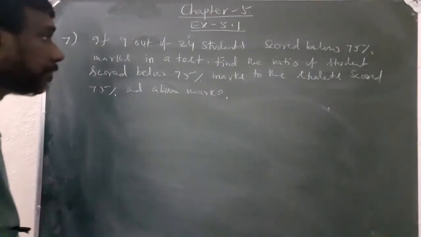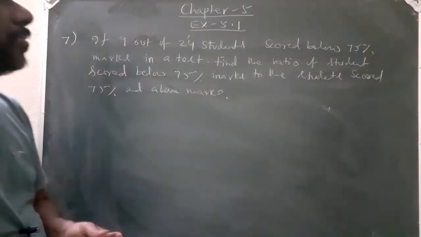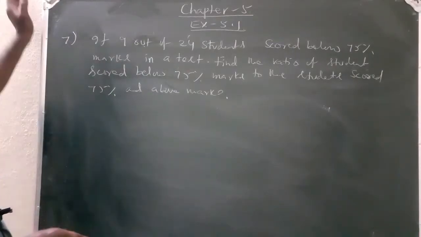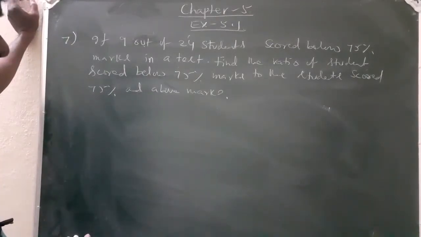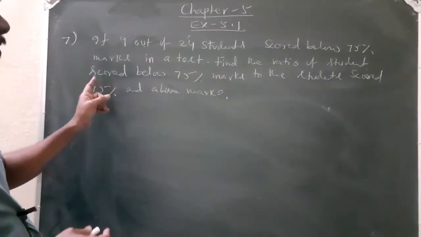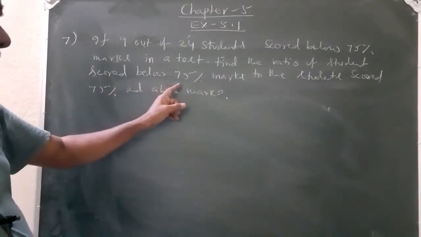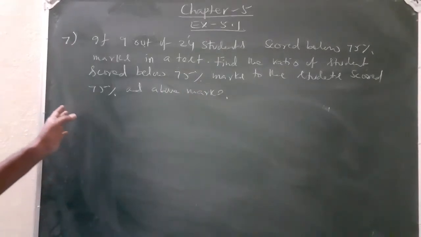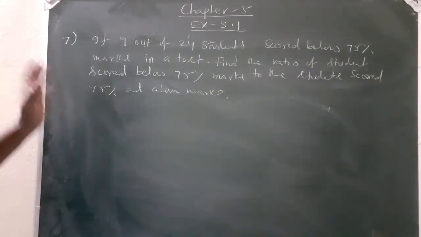So 9 out of 24 students scored below 75% marks, and we have to find the ratio of students who scored below 75% to the students who scored 75% and above.